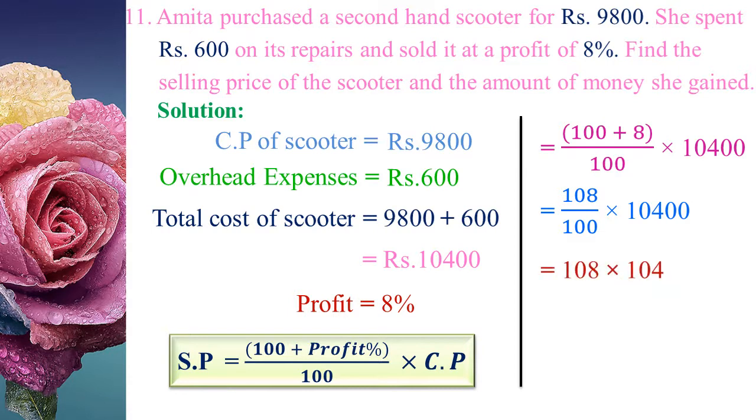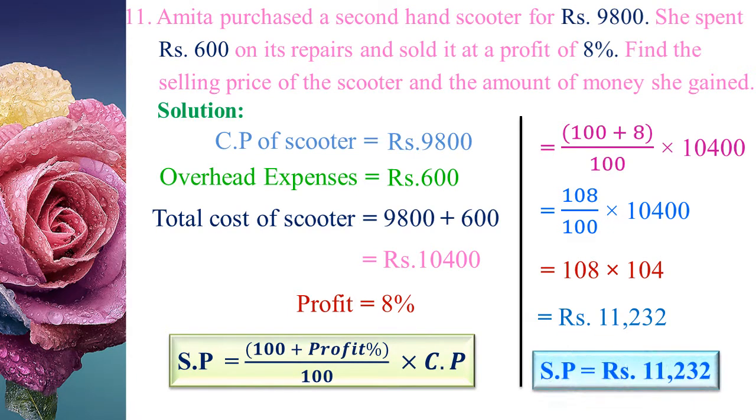Here two zeros and two zeros get cancelled out. Then multiply 108 and 104. We get rupees 11,232. Therefore, the selling price is rupees 11,232 and she gained rupees 832.